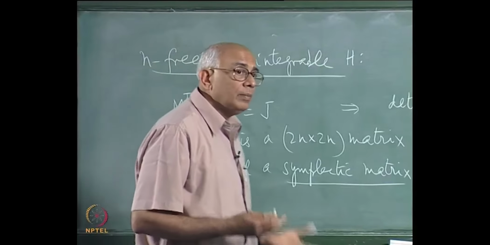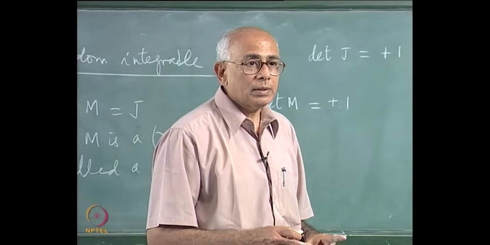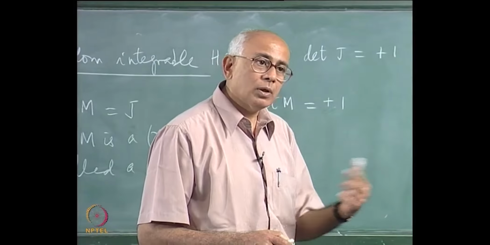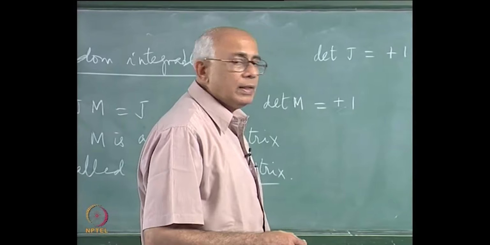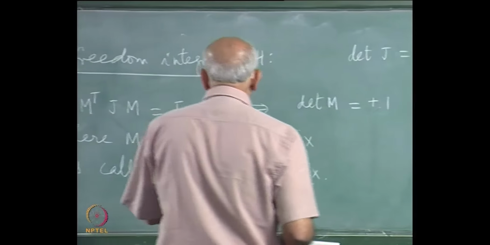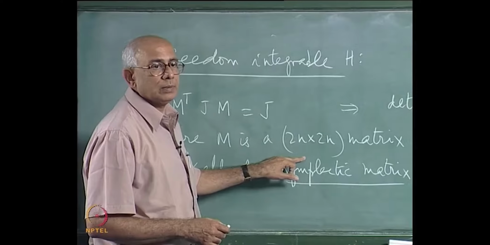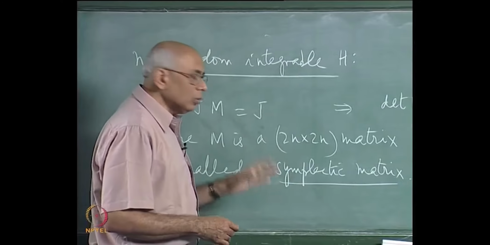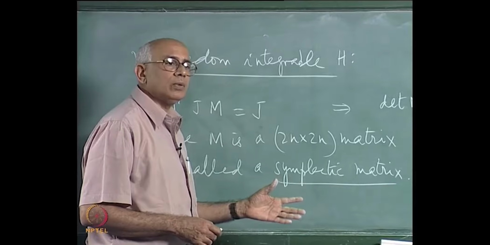Just as orthogonal matrices form a group, the product of two orthogonal matrices is also an orthogonal matrix. Every orthogonal matrix has an inverse and they form a group. In exactly the same way, the symplectic matrices of a given order form a group of matrices. This is a subgroup of the set of all 2n by 2n matrices which are non-singular.